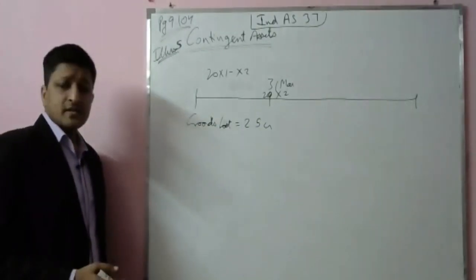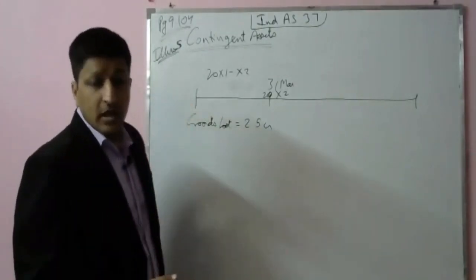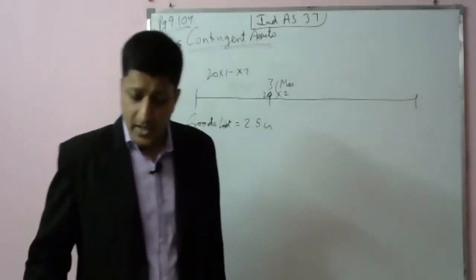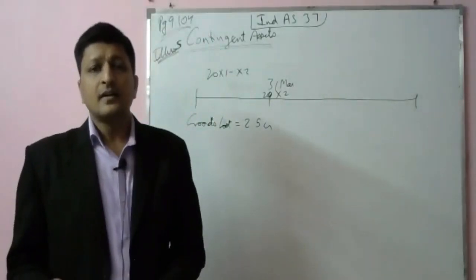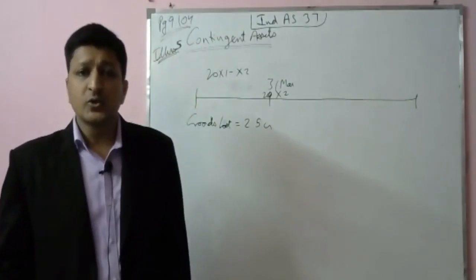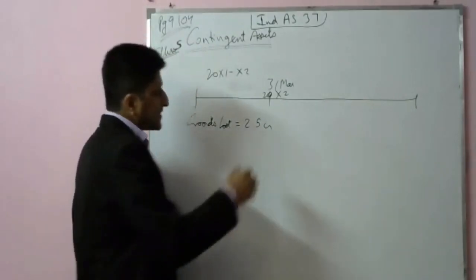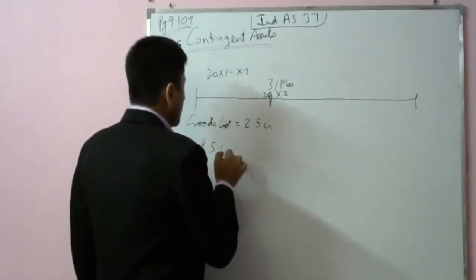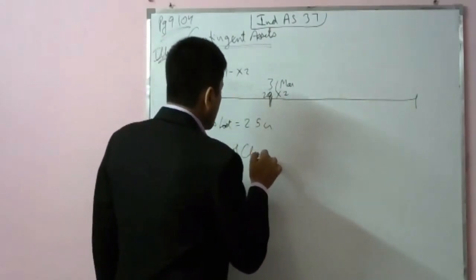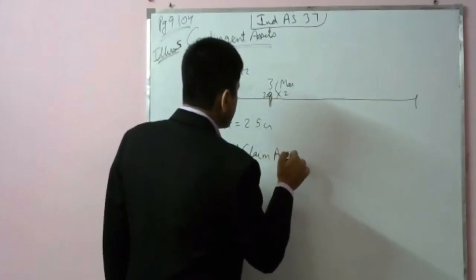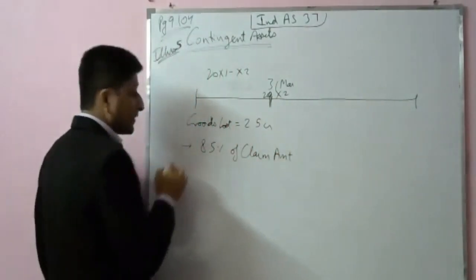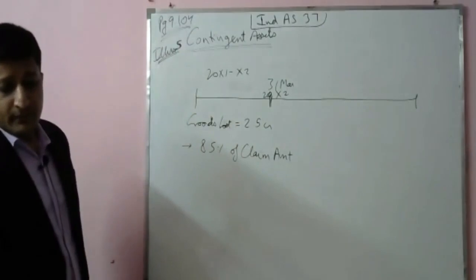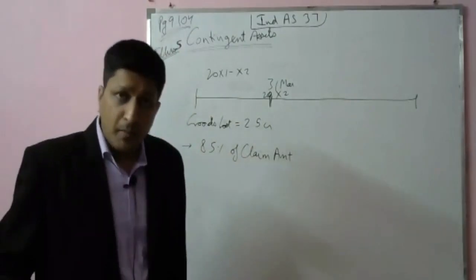Now in this case, I am moving on to the answer. There are two aspects. Number one is 85% of the claim amount.